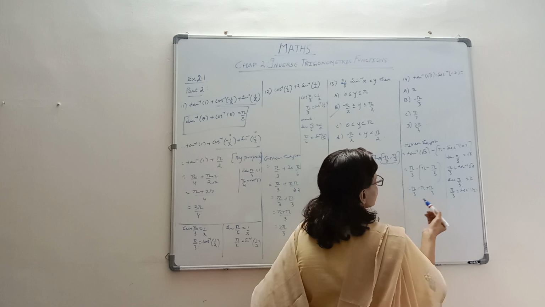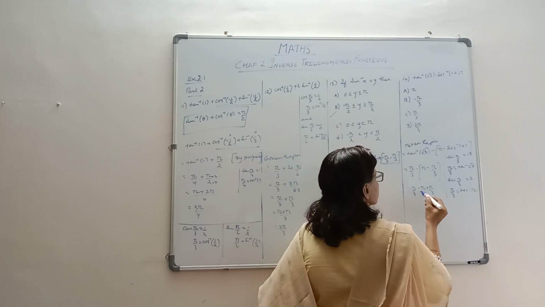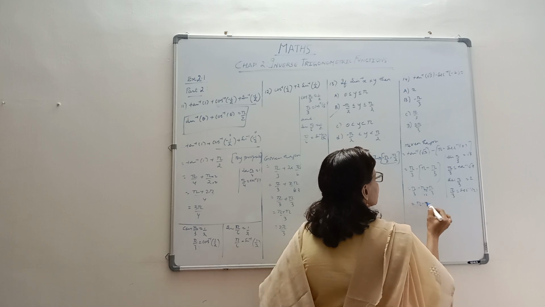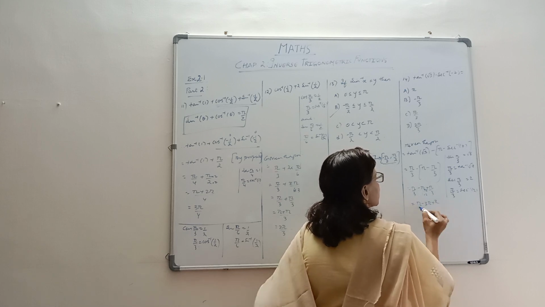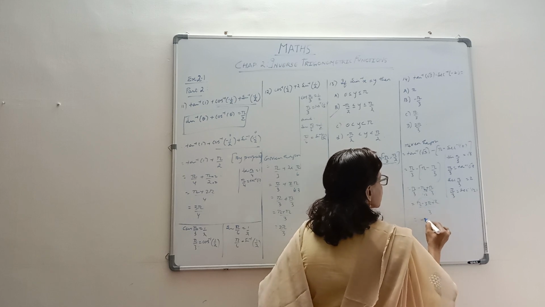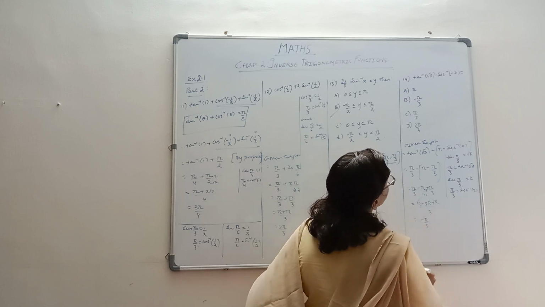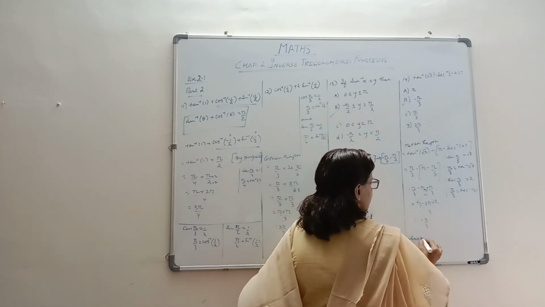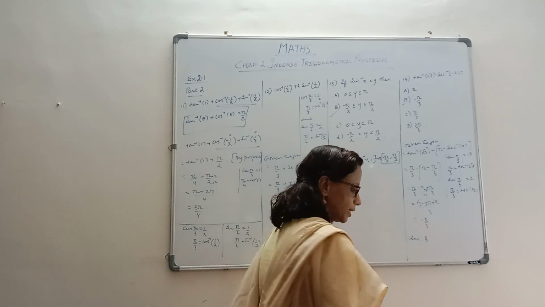So whatever is your easy way out. Taking the common denominator 3, it is pi minus 3 pi plus pi, whole by 3. Pi plus pi is 2 pi, minus 3 pi, it's minus pi by 3. So B is your correct answer. Your answer is option B.